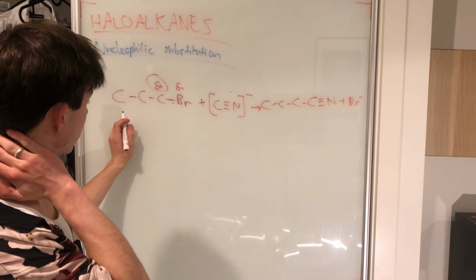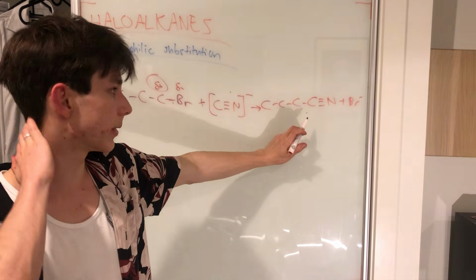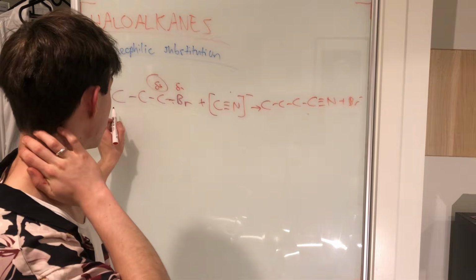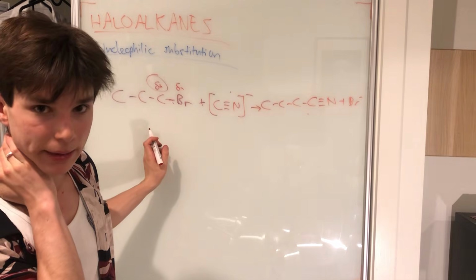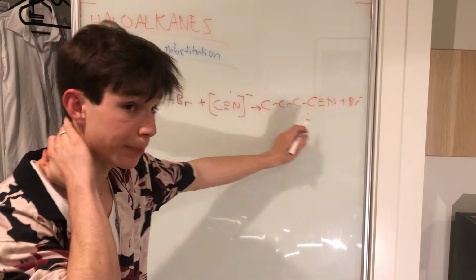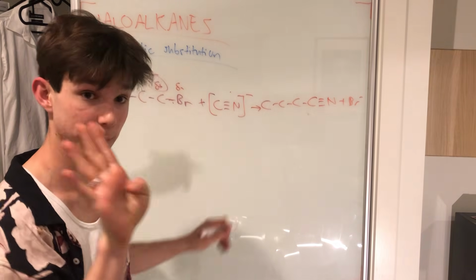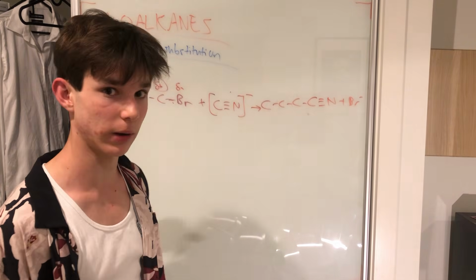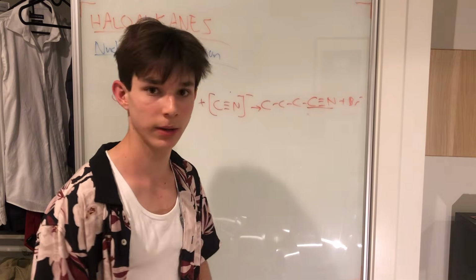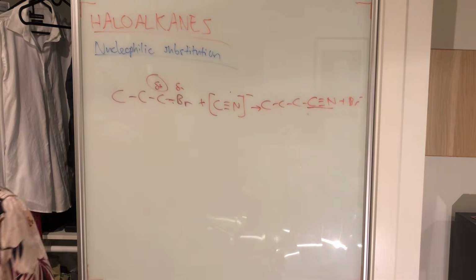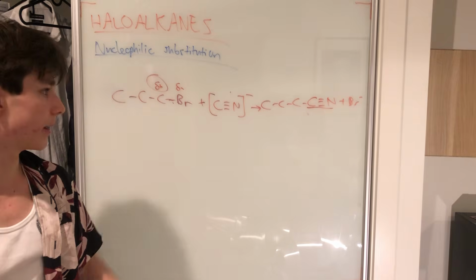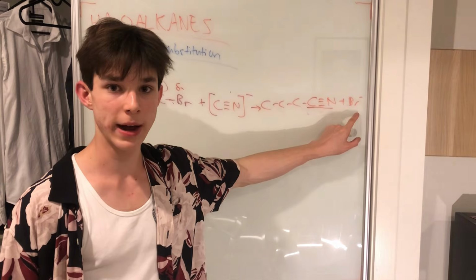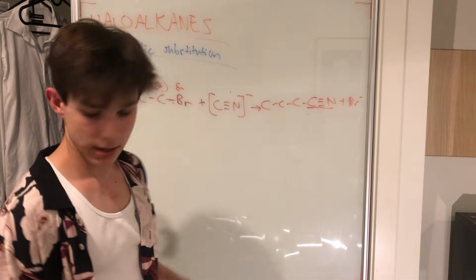Really important. Look, we've just increased the length of the main carbon chain by 1. So we had bromopropane. We now have, change the prefix, 4 carbons now, butanenitrile. We formed a nitrile, yeah? And you've got a bromide ion now.